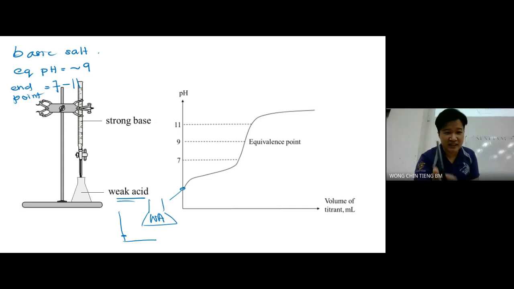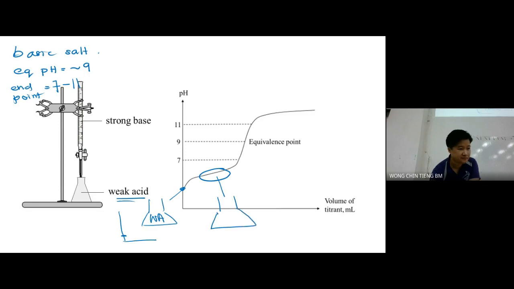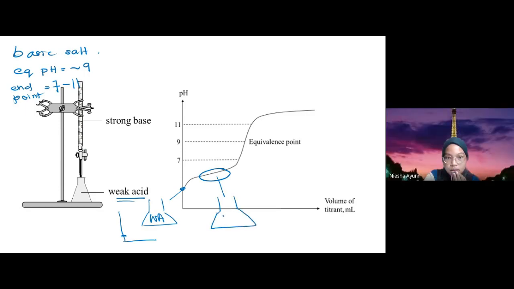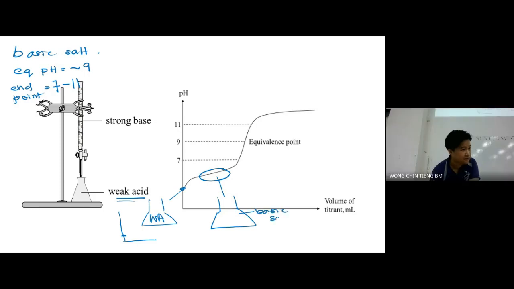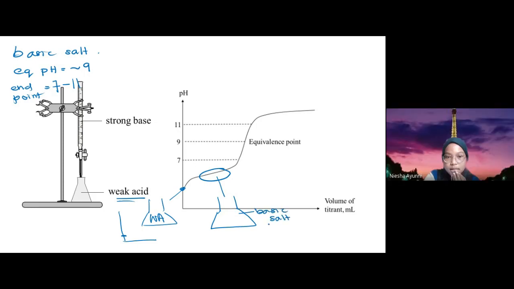Kita sambung kepada Nisha. Nisha, you have a sudden increase because of your strong base is added. What will you have in here? Basic salt. Basic salt and weak acid.